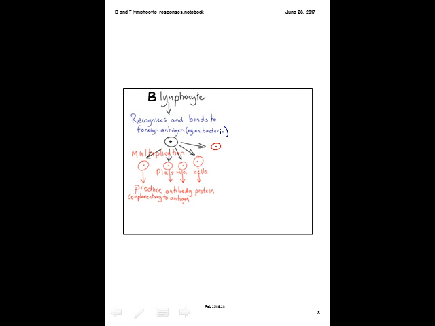And the next stage is that the plasma cells produce vast amounts of protein, and we call those proteins antibodies. So antibodies aren't living cells, they're protein. And those particular proteins have a similar or matching shape to the proteins on the outside of the bacterial cell.